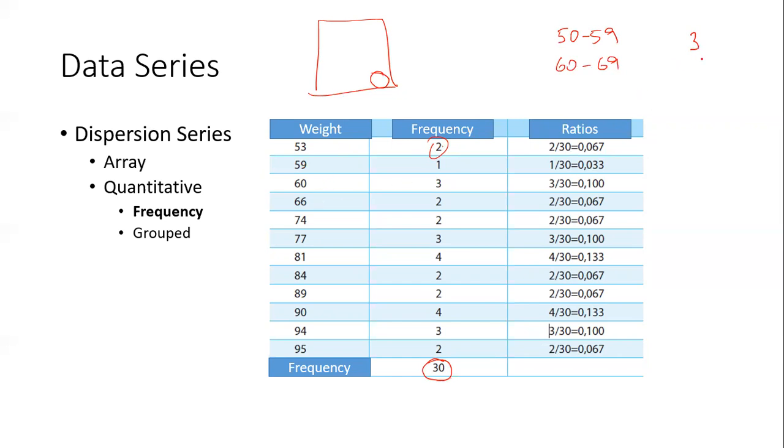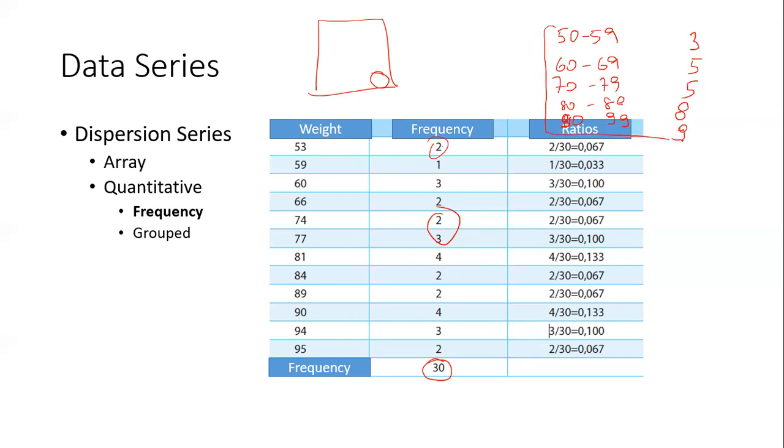You have five. How about 70 and 79? You have 5 again, right? How about 80 and 89? That is equal to 8. Sorry, so this is 90 and 99, and it will be equal to 9.